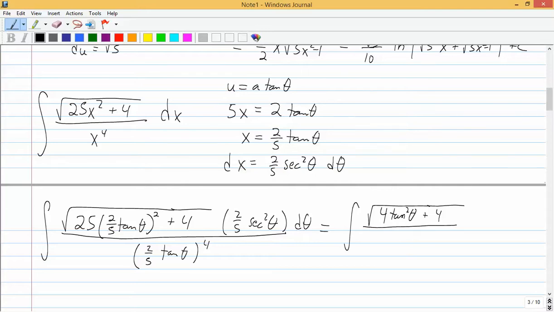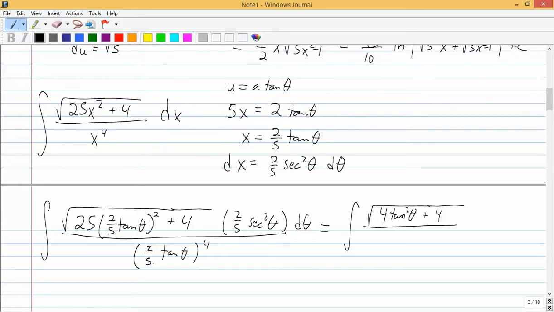Now, 2/5 raised to the 4th power is in the denominator. So if I bring it out, I have to flip it and multiply. 2/5 raised to the 4th power is going to be, let's see, 2 times 2 is 4, times 2 is 8, times 2 is 16, over 5 times 5 is 25, times 5 is 125, times 5 is 625.